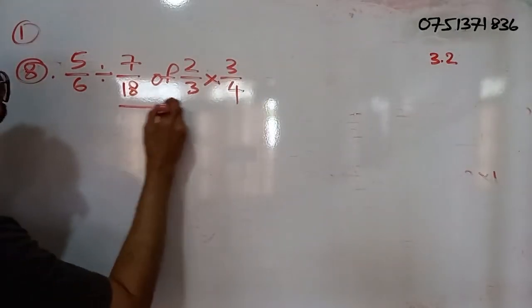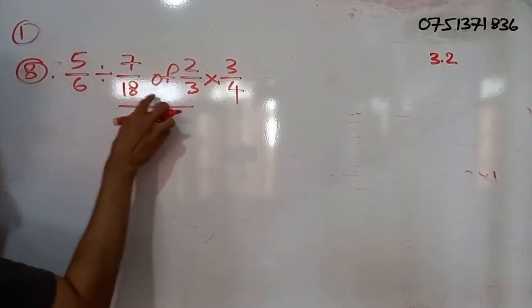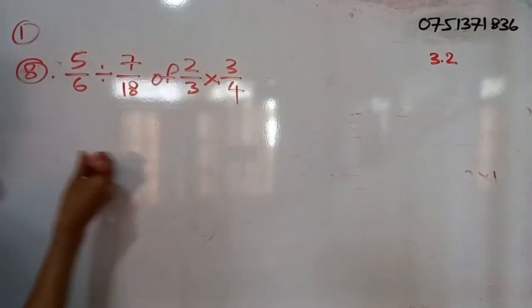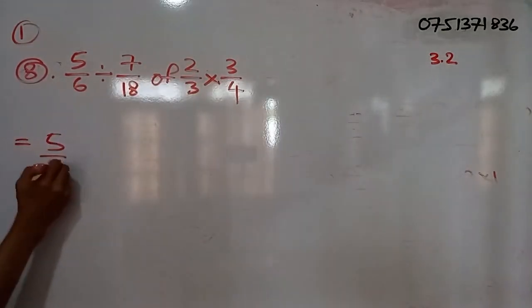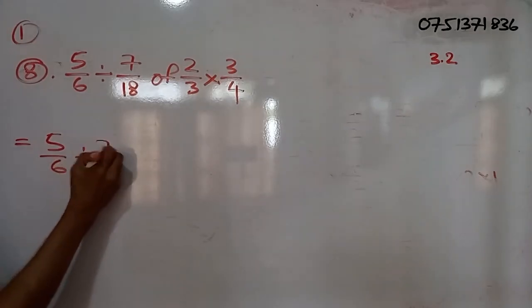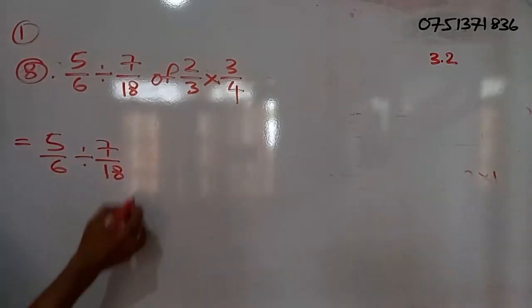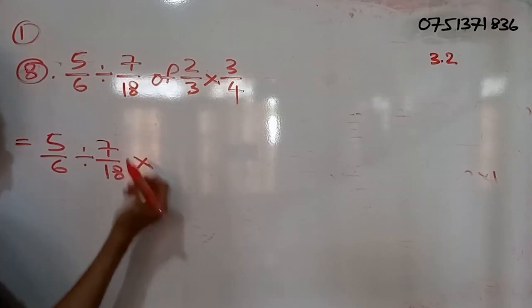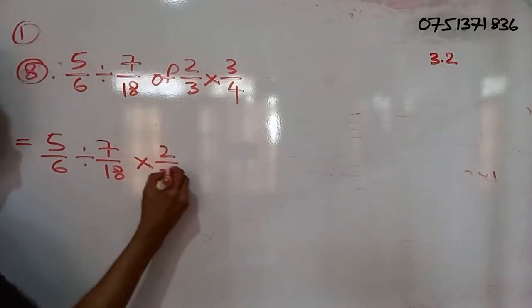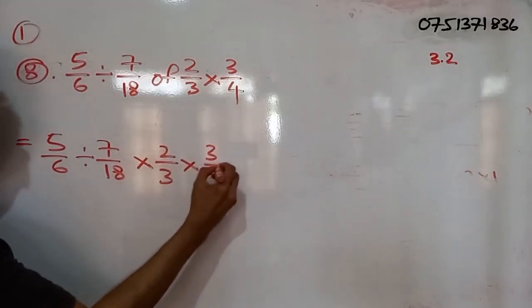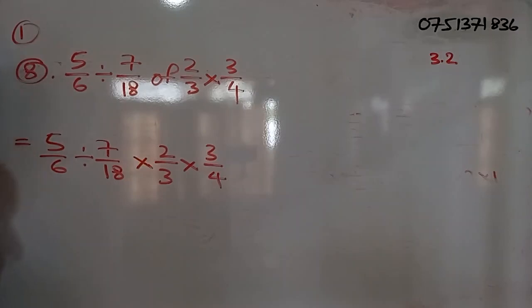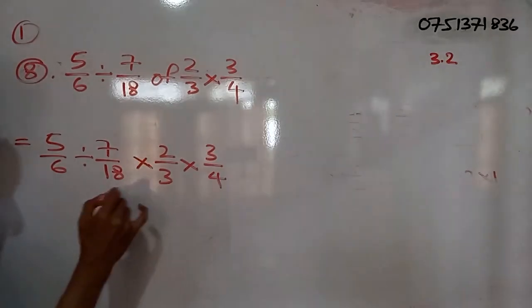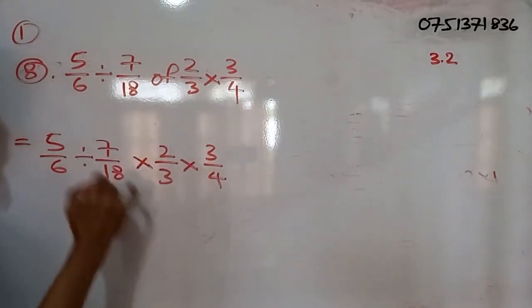So we have to start the simplification process from here because we have "of" here. Okay, so equals 5 by 6 divided by 7 by 18. Instead of "of", I'm going to use the multiplication symbol and 2 by 3 into 3 by 4. Right, so we will do the simplification on this portion.